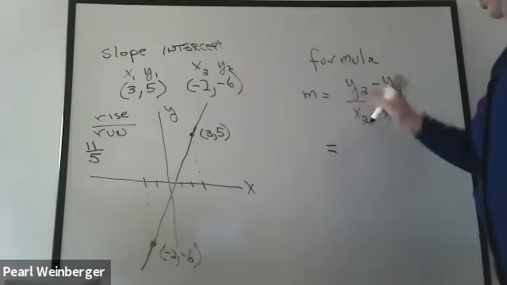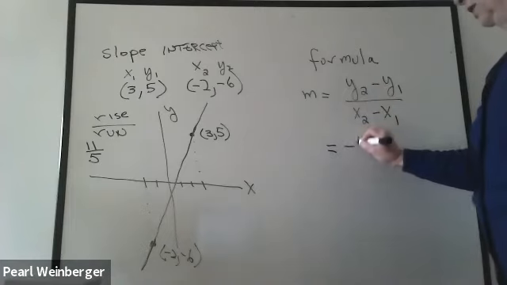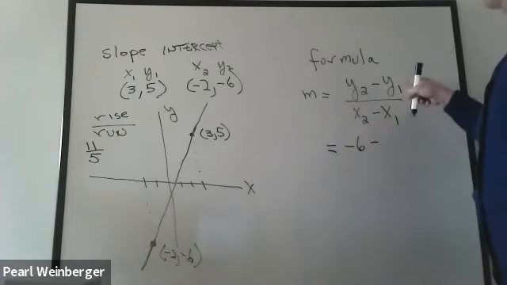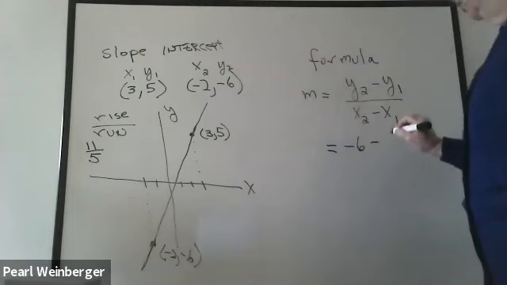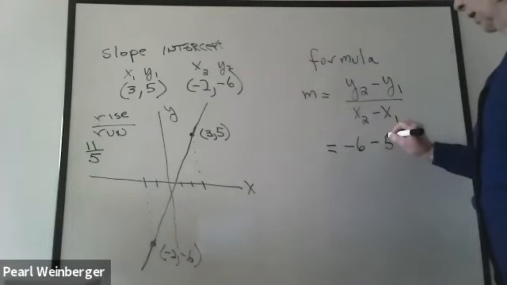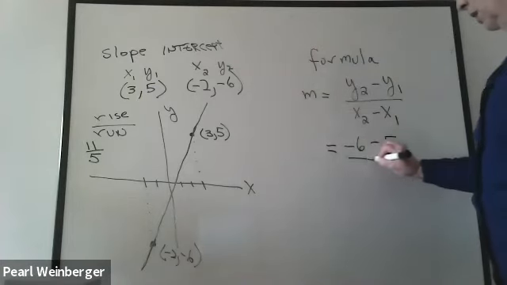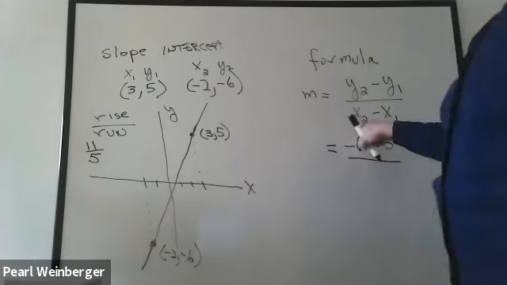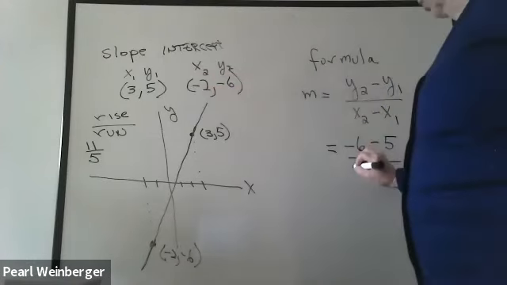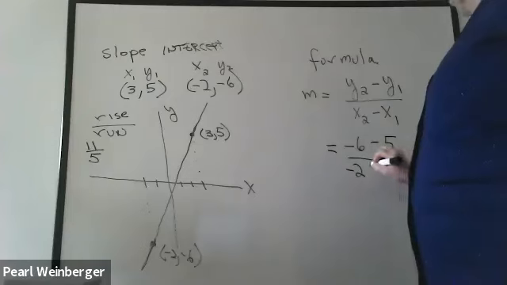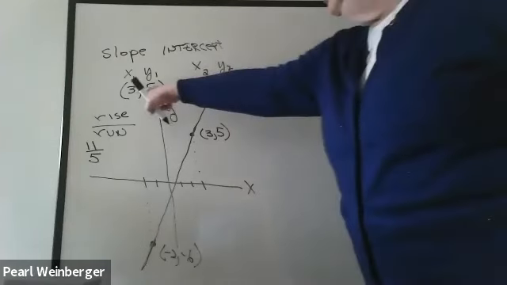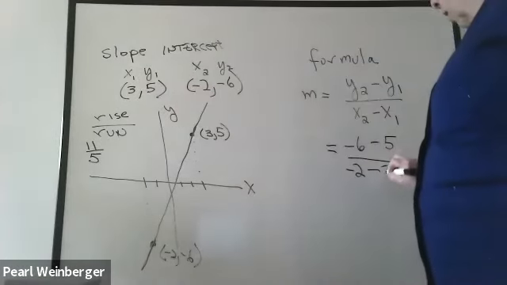According to me, my y2 is -6. My y1 is 5. So this becomes -6 minus 5 on the top. My x2 is -2 minus my x1, which is 3.